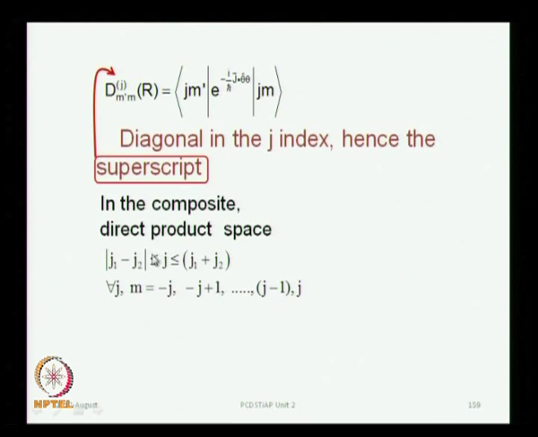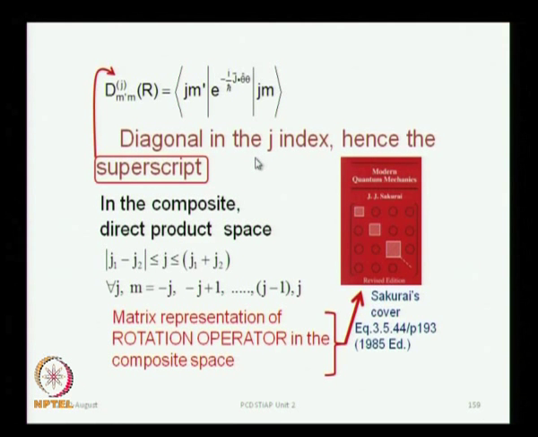Then we have seen in our previous class that j will go from the modulus of j1 minus j2 to j1 plus j2, the triangle inequality that we have seen, and we will now obtain the matrix elements of the rotation operator when you are dealing with coupled angular momenta. These are the ones that really are obviously important enough to come in Sakurai's book.